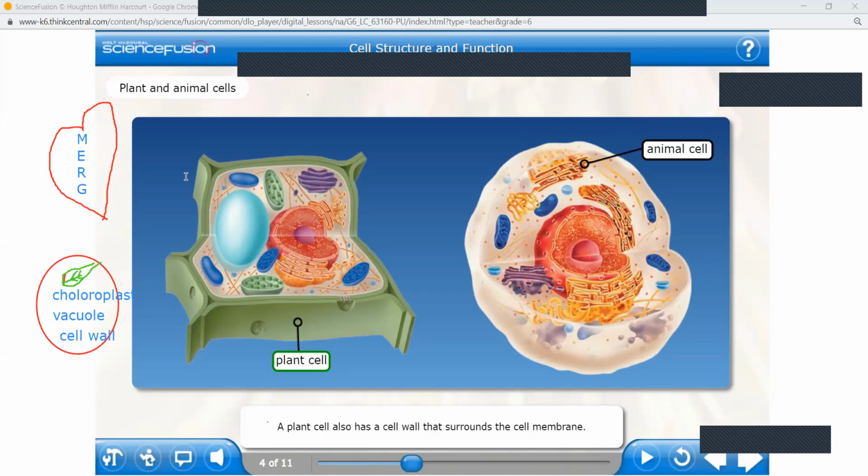The circle, this plant cell, the green chloroplast makes the food for the plant cell because plants make their own food. But animals don't make their own food.